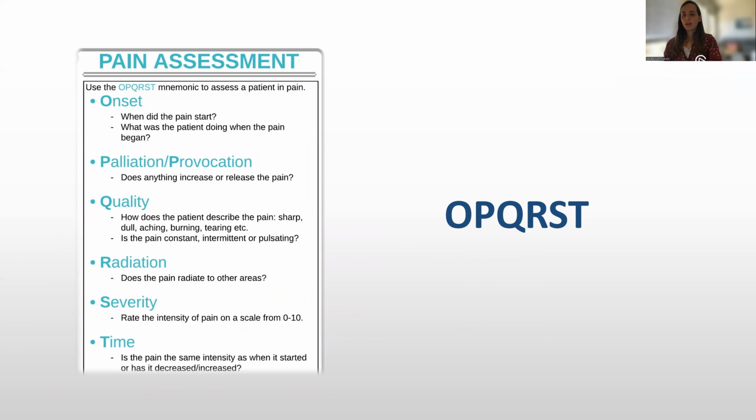Here, we have this very useful tool, and it's used to evaluate a patient in pain. So we can start asking the patient about the onset, then continue with provocation or palliation, quality, radiation, severity, and time.